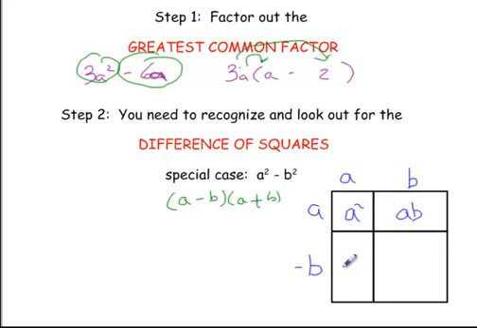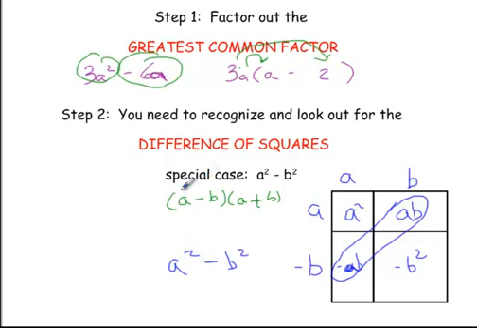A times negative b is negative ab, and then a negative b times b is negative b squared. ab minus ab, or added to a negative ab, becomes 0 and it cancels out. So that leaves me with just an a squared minus b squared. So that is our difference of squares.